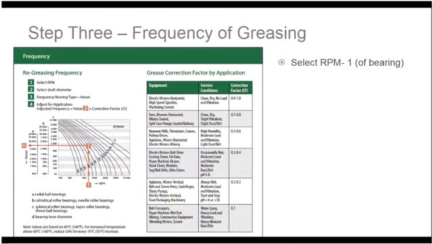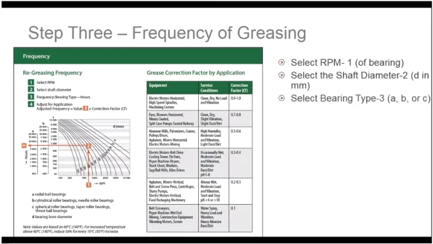If we go to the frequency section of the guide, it's fairly straightforward. Using the chart, we select the RPM, and in our example, it was 750. We go up on the guide to position 2, where it intersects the shaft diameter, and then we move to the left to the A, B, C guides, which indicate the number of hours based upon the bearing type.